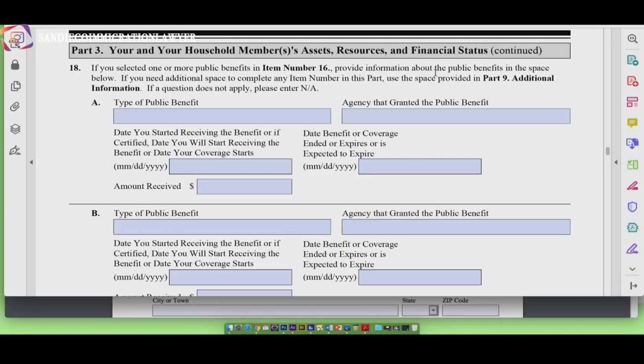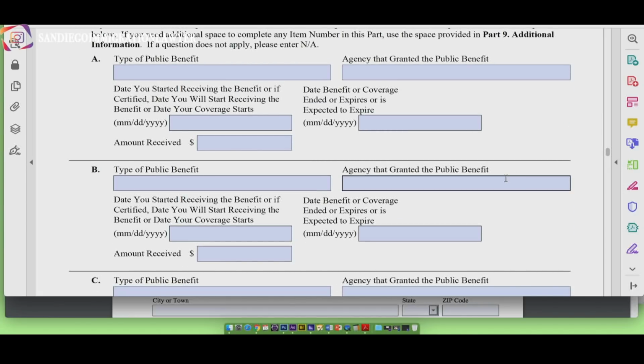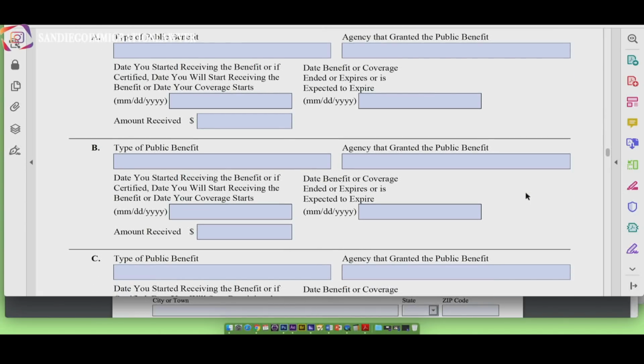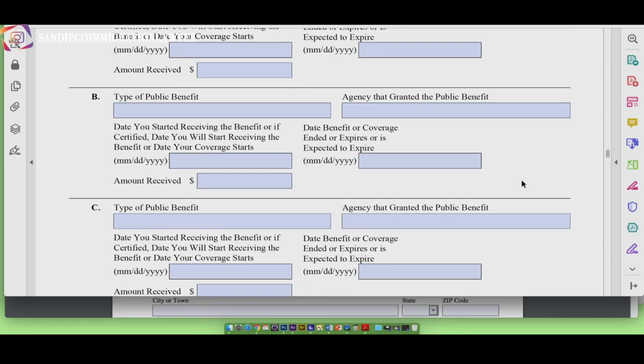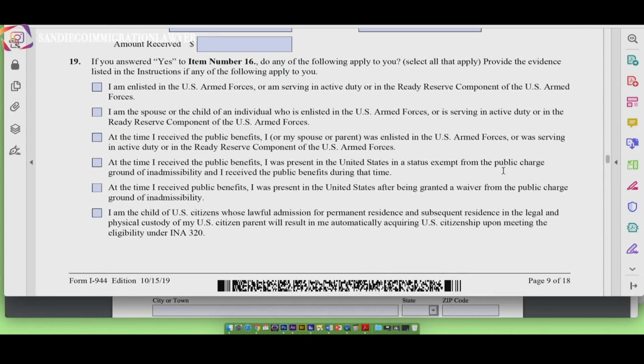So you will need to provide more detailed information, the type of benefit, the agency you received it from, and the date the coverage started, when it'll expire, and the amount received. So they give you all that information there. There are additional questions. If you answered yes to number 16, saying yes, I received some public benefits, these are questions that are related to the exemptions. So if you answered yes, they want you to answer these questions.